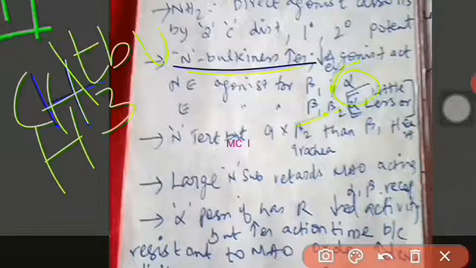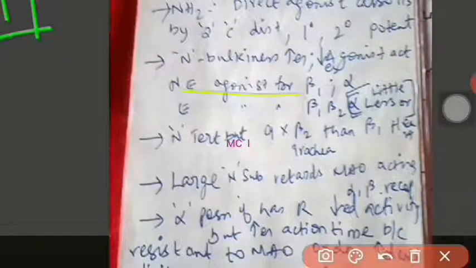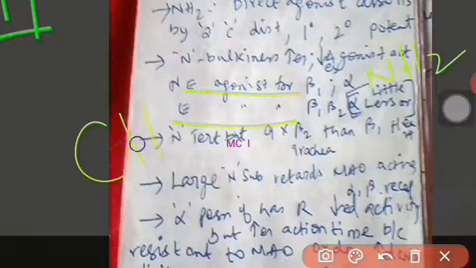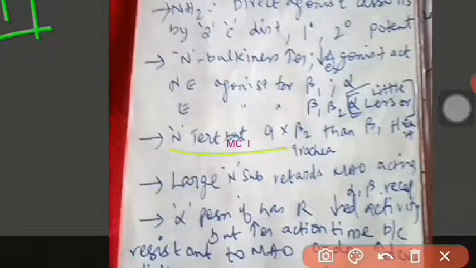Norepinephrine is having an NH2 group, whereas epinephrine is having a CH3 group. So, they have beta activity but less alpha activity, and if the nitrogen is having a tertiary butyl group, then beta 2 activity is more and beta 1 activity is less. That is, beta 2 means lungs, beta 1 means heart.